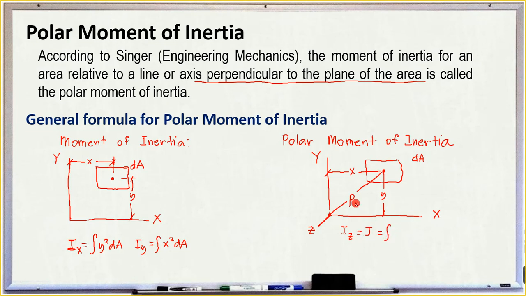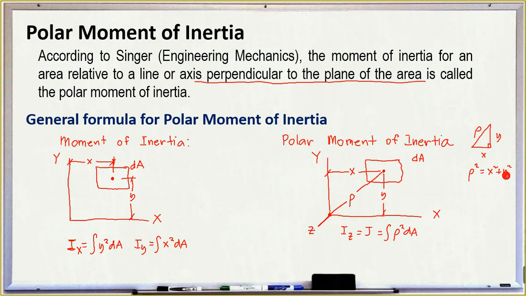This time the distance is rho, so that is rho squared times the differential area. Now, by using the Pythagorean Theorem, we create a right triangle. So this is y, this is x, wherein we all know that rho squared is equal to x squared plus y squared.